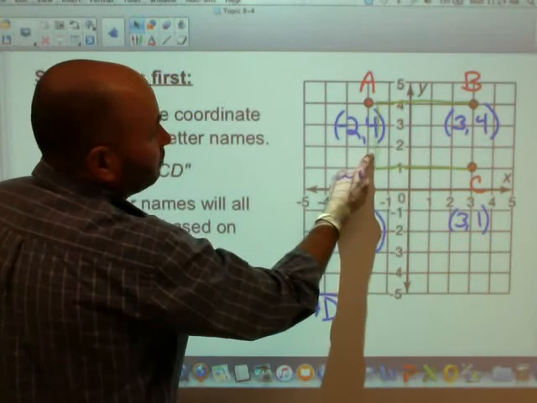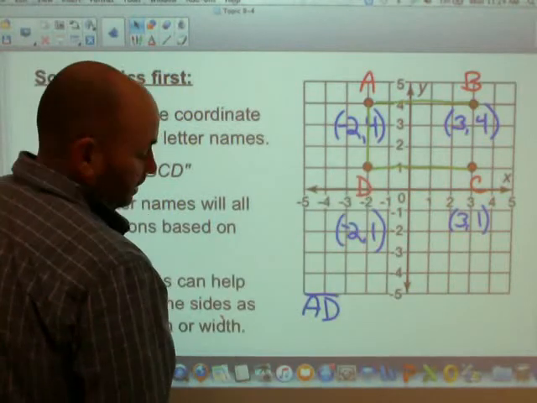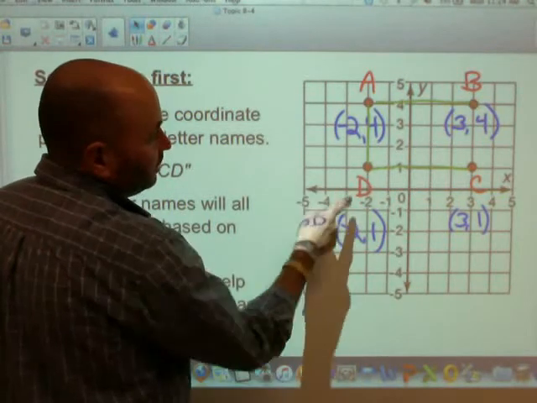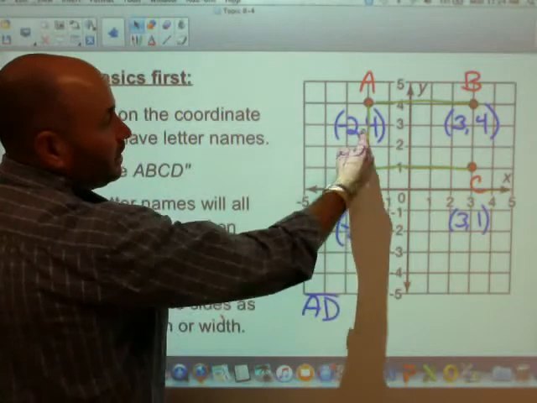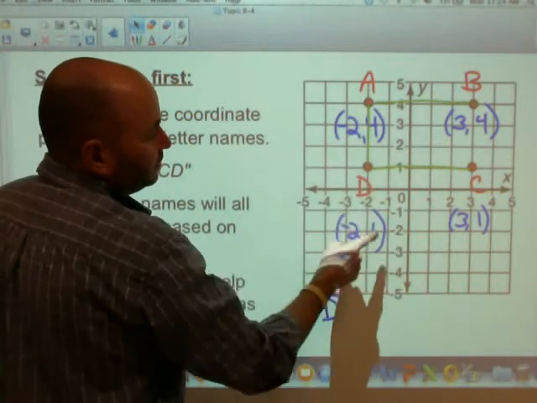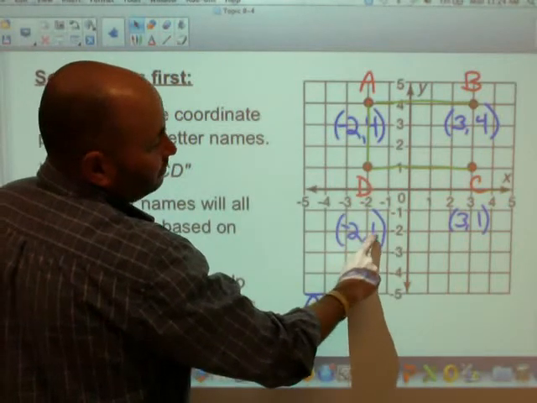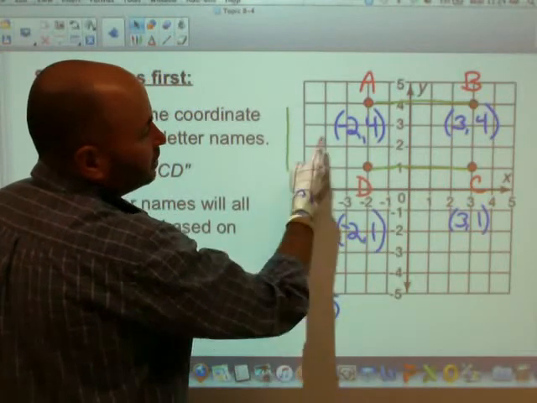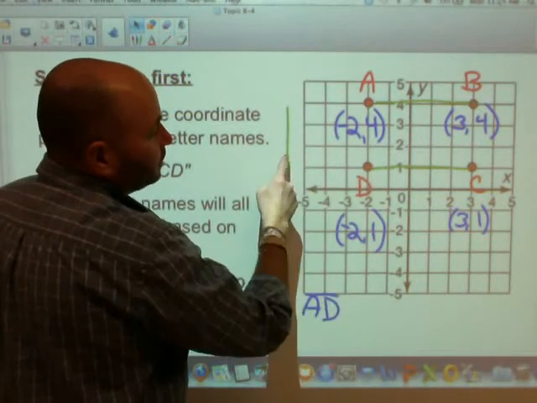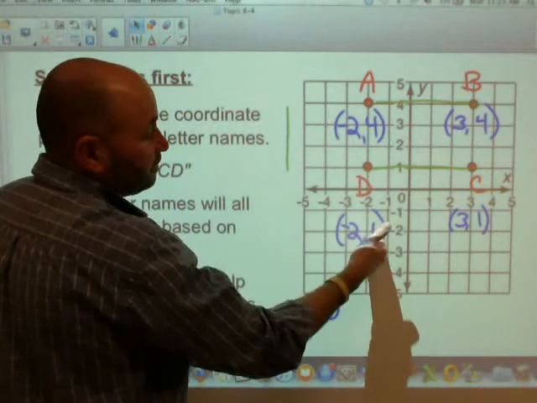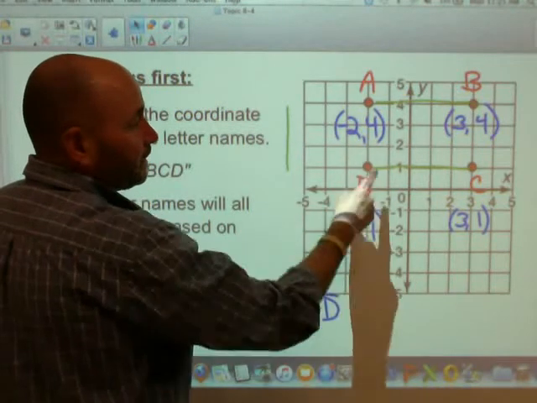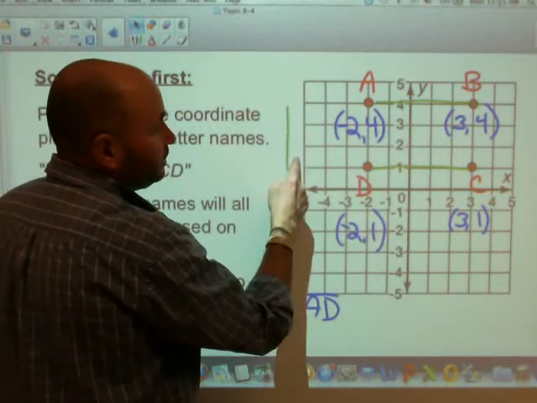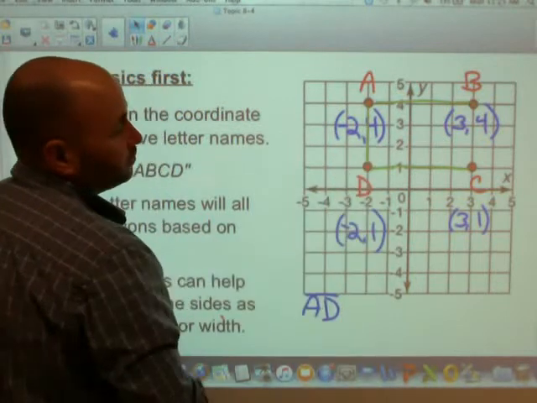So they will run parallel with the y-axis. And that's what you have there. You'll also notice that they are in the same quadrant, okay? They have a +1 and a +4, which means they are in quadrant 2, which means when you figure out the distance, you'll be taking the absolute value and subtracting it in order to find it.